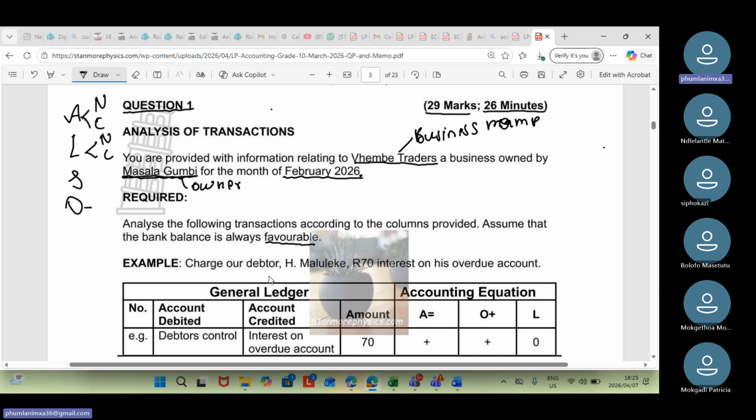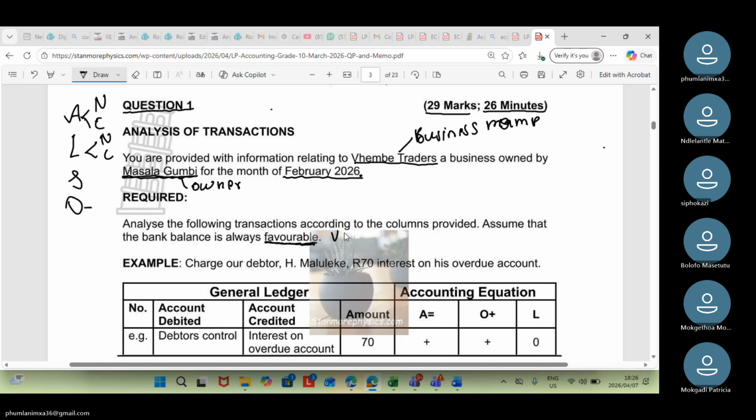Let's assume that you're a bookkeeper, an accountant, for Vembe Traders.